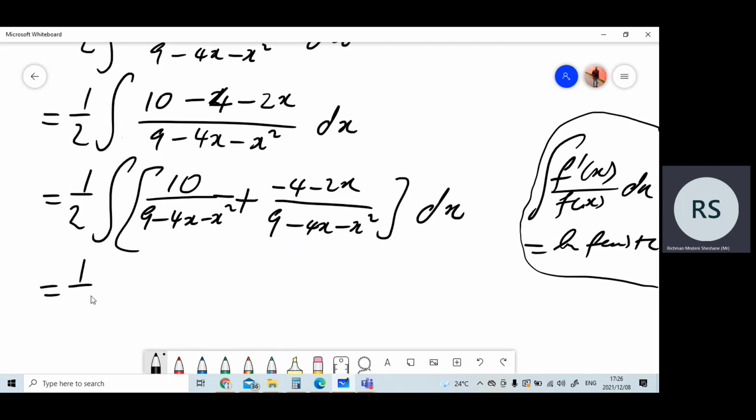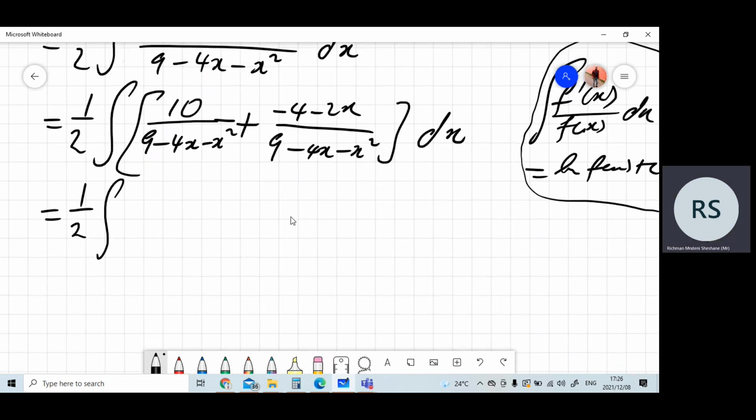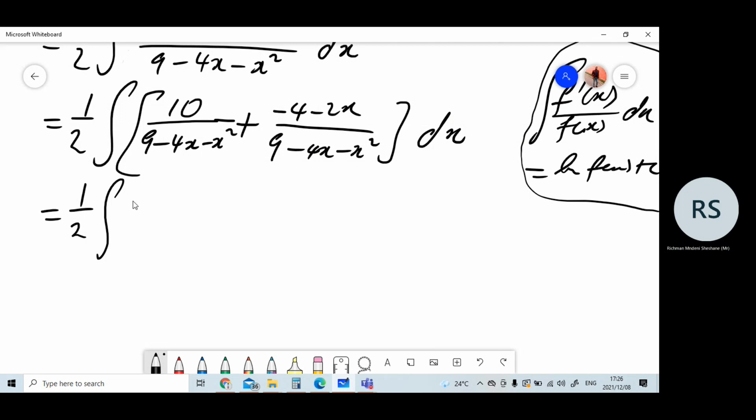Before I integrate this, my first term, it's a constant. So I can pull out the constant and just complete the square here. You can confirm this. I did complete the square here.